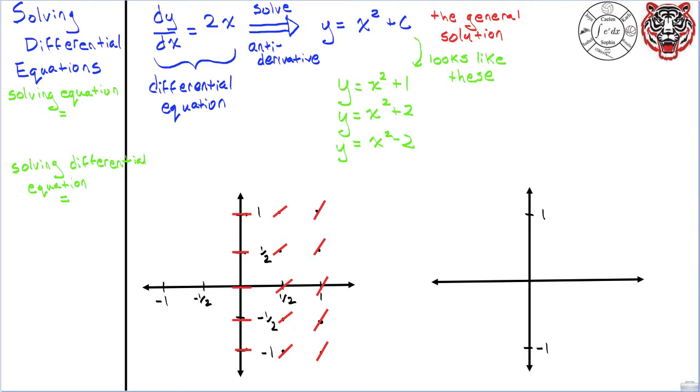All right, now let's go ahead and make the dots over here on the left side as well. We need dot paper, right? Okay. So when I go to -1/2, this slope is going to be -1. So all of these have a slope of -1.